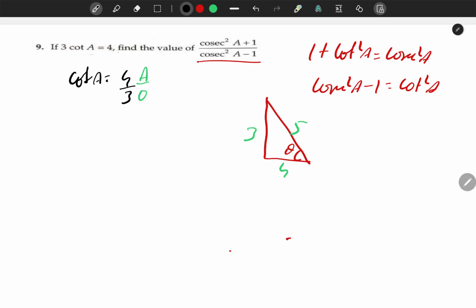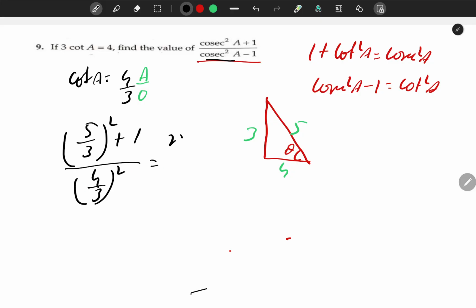So cosecant is hypotenuse by opposite. Hypotenuse is 5, opposite is 3. So 5 by 3 whole square plus 1 by cosecant square minus 1 is cot square. Cot square is 4 by 3 whole square, that is given. So 5 square is 25 by 9 plus 1 by 16 by 9.